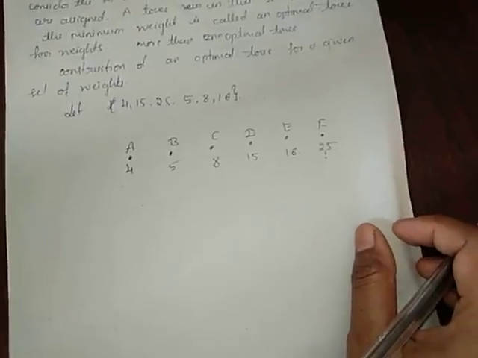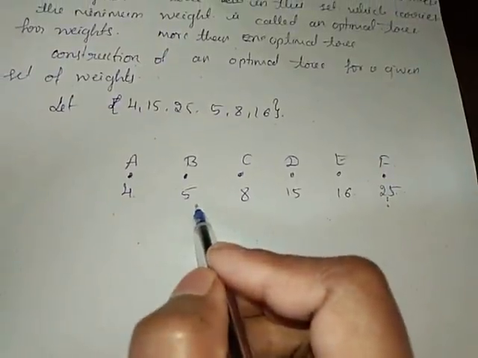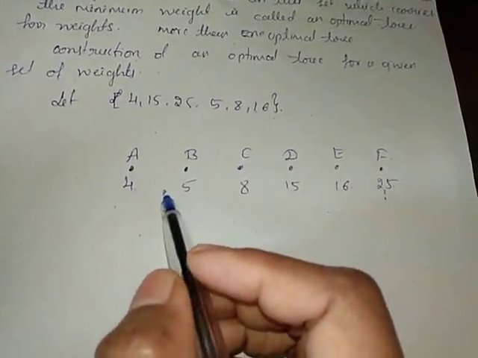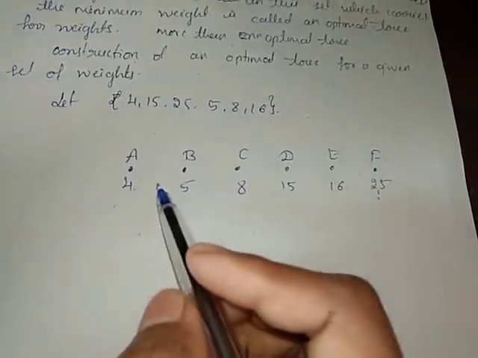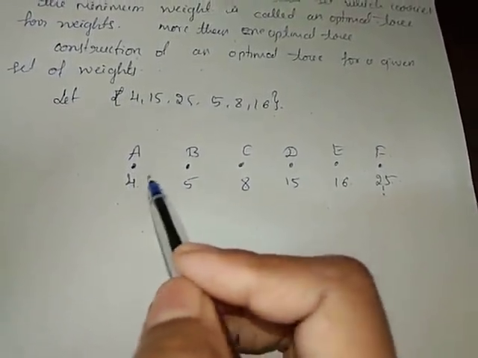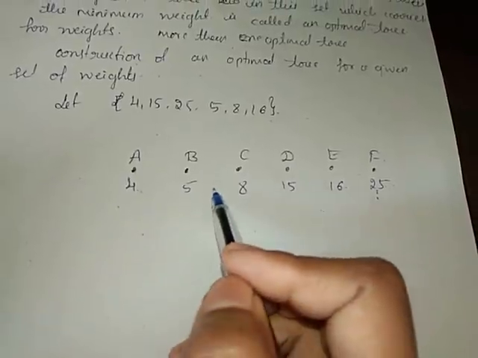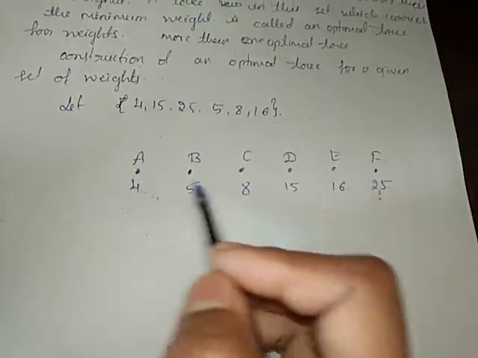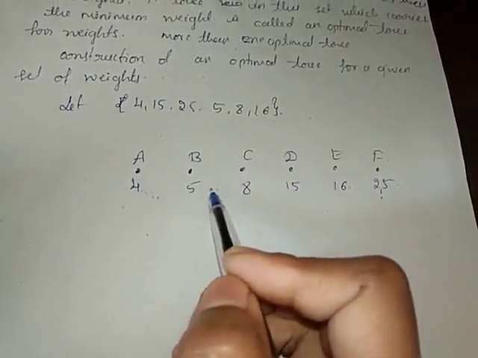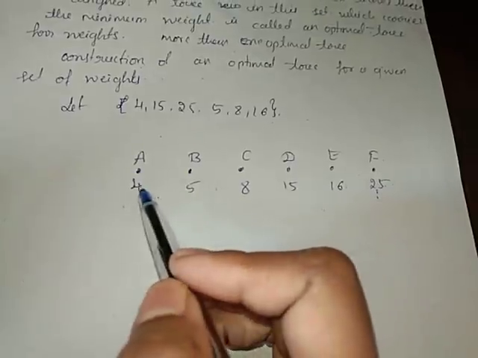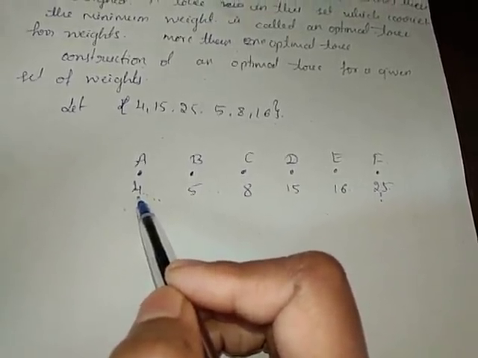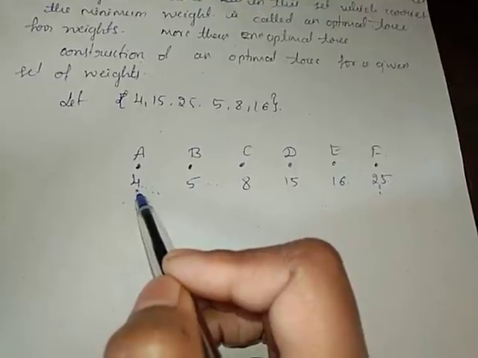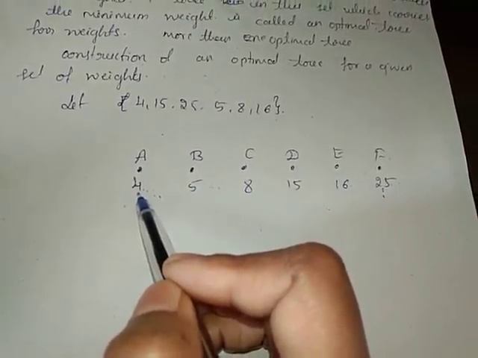After assigning them, we note that the vertices A and B carry the smallest weights. These are the two smallest weights. Add these two weights: 5 plus 4 is 9. Give that 9 to a new vertex V1.